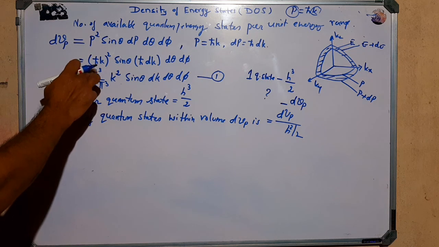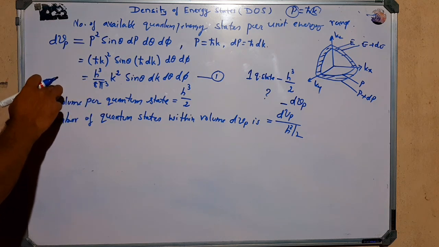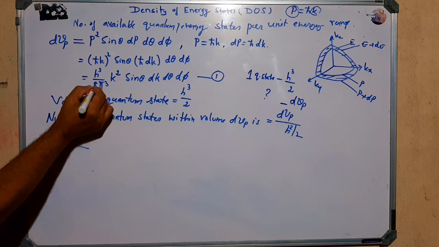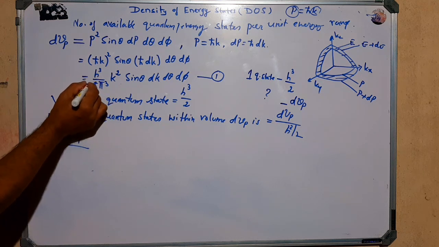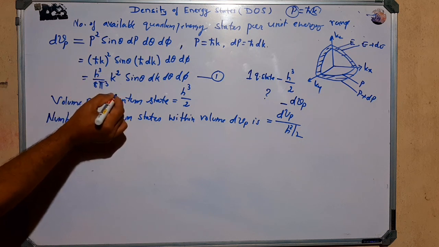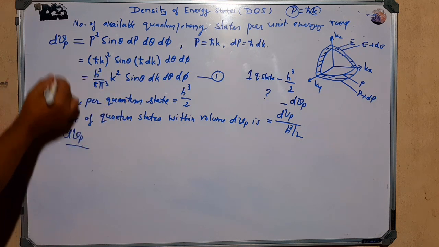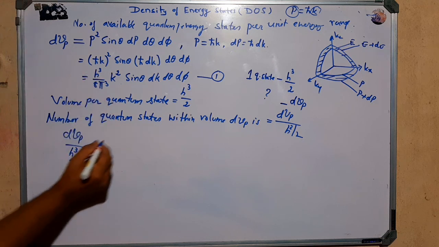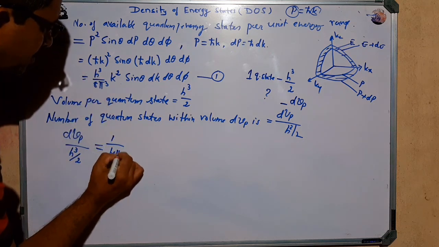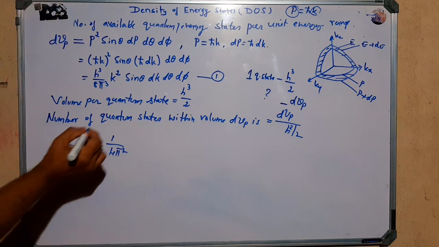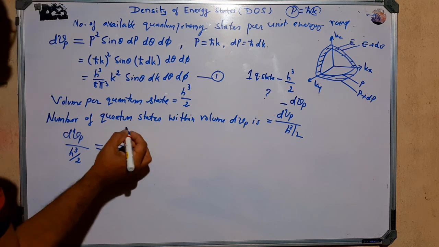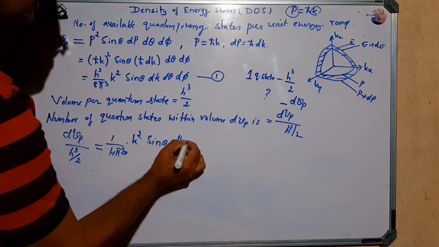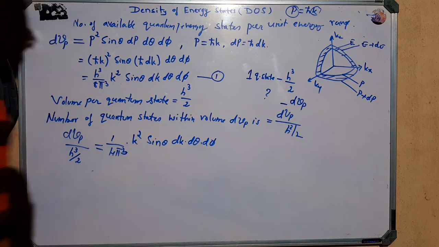Bring h cube by 2 to the left hand side so that it comes to the denominator. Then dVp divided by h cube by 2 is equal to the remaining term, 1 by 4 pi cube into k square sin theta dk into d theta into d phi.